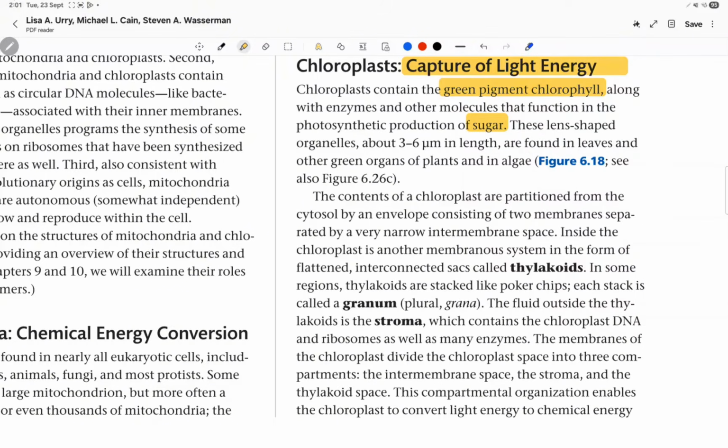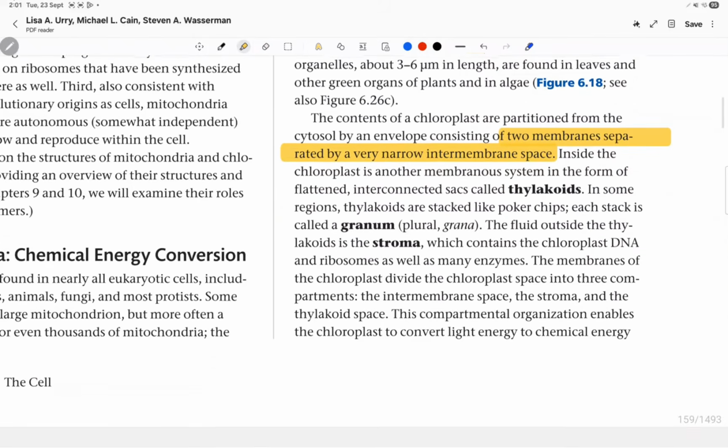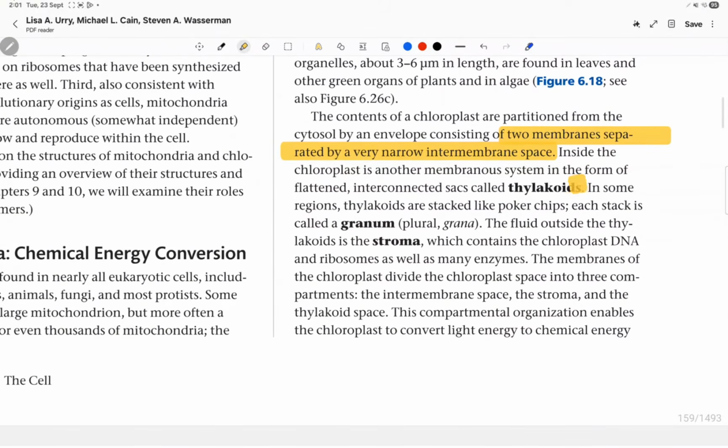The chloroplast, just like the mitochondria, will also have two membranes, will also have a space between them that is called the intermembrane space. It will have interconnected sacs called the thylakoids, where a lot of chemical reactions will be taking place. And if you take a stack of thylakoids, that's called a granum, and they will be swimming in a fluid called the stroma.